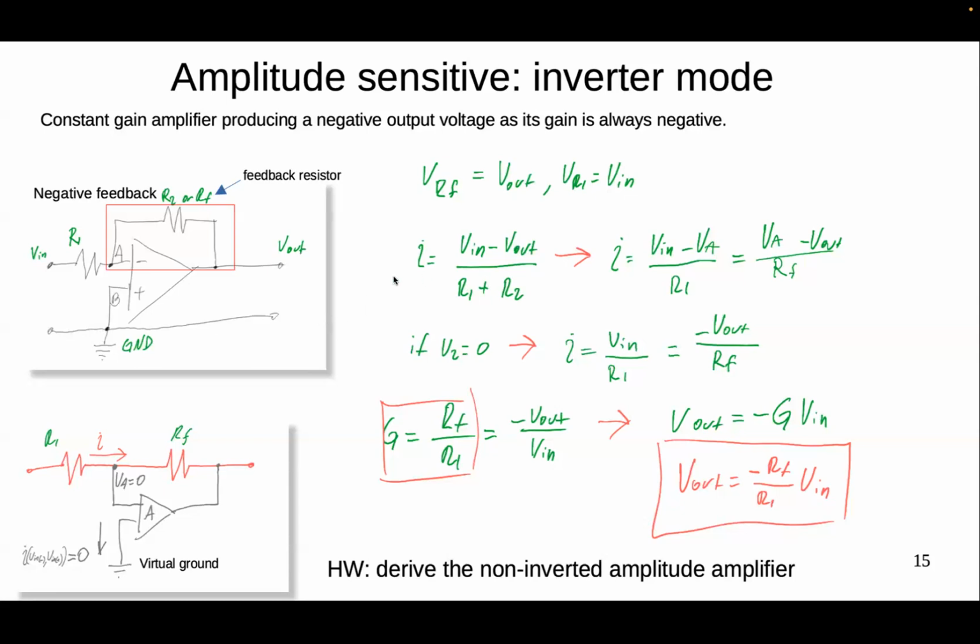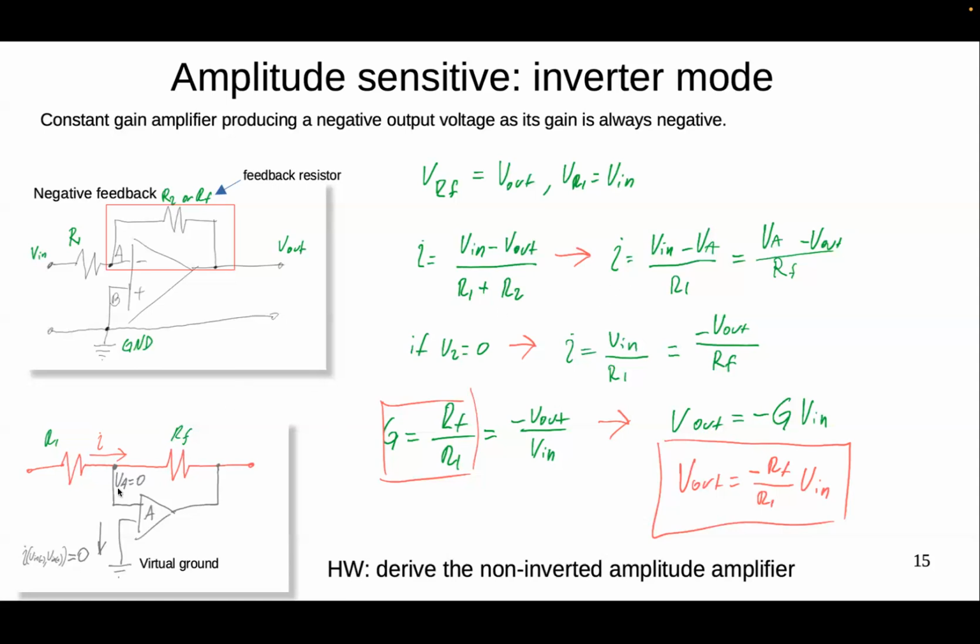And if we calculate the currents here, the difference of the voltage input and output divided by the total resistance of this circuit will give us the current.